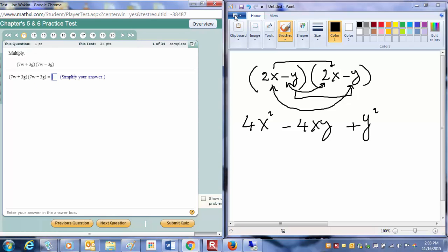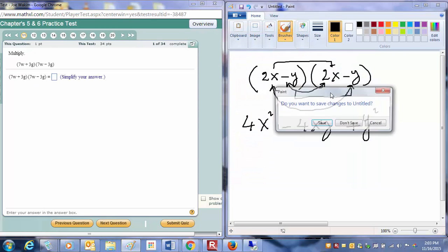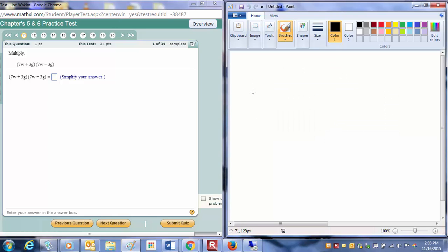Number 11. Let's try number 11. Also, we have to multiply. So 7w times 7w is 49w squared. 3g times negative 3g is negative 9g squared.